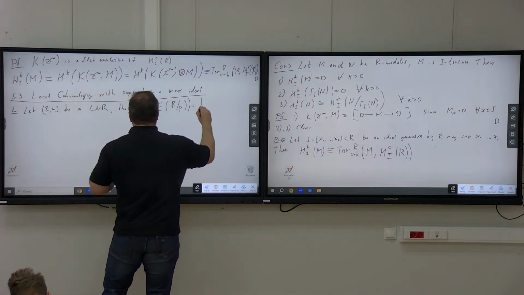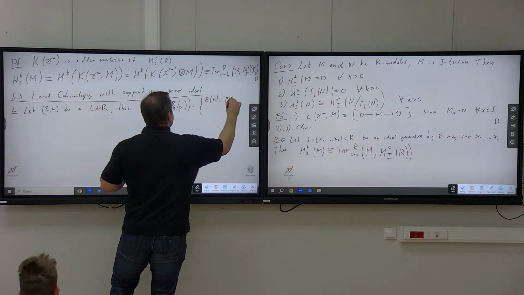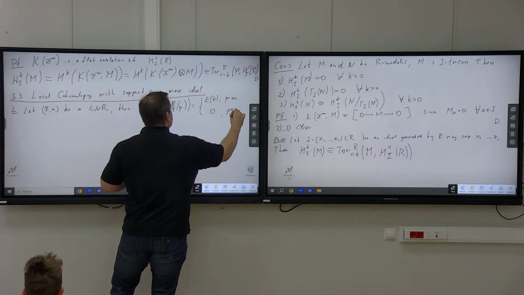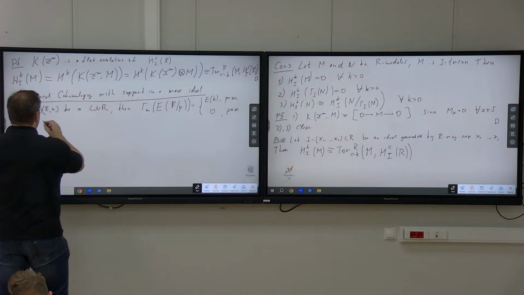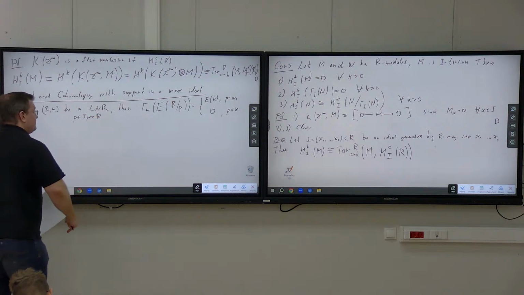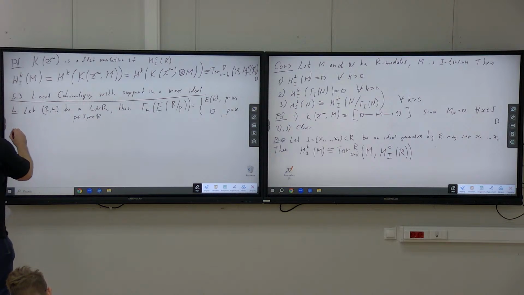So let me just write the answer. This is the injective hull of k if P is equal to the maximal ideal, and 0 if P is not equal to the maximal ideal. Here (R, m) is a local Noetherian ring, and P is in Spec R. Okay, so this is an elementary computation.